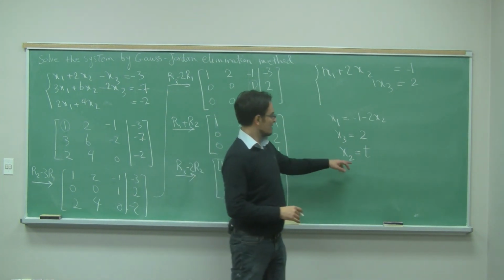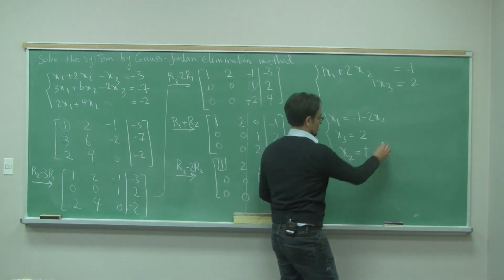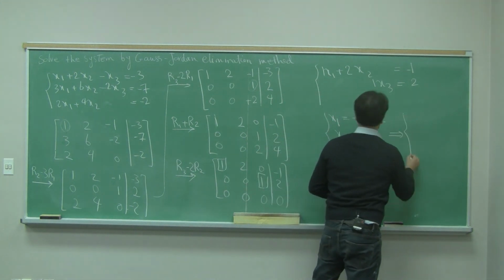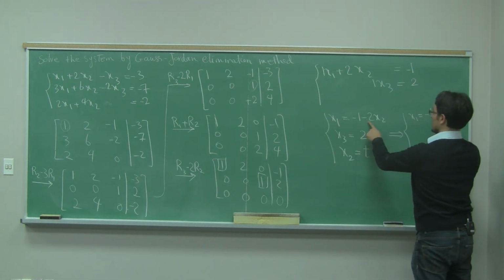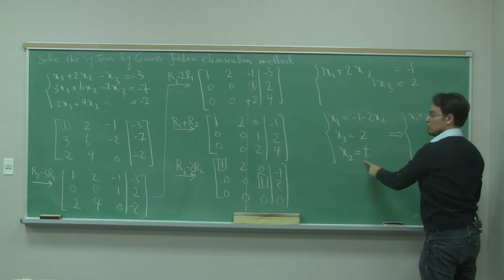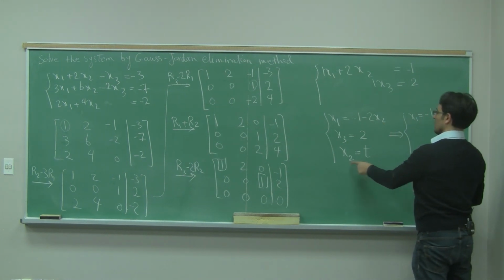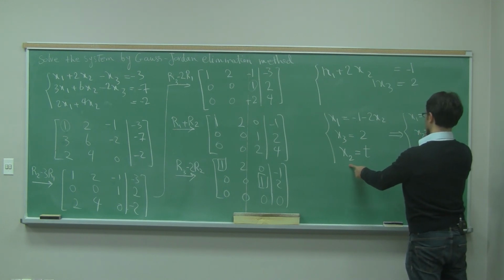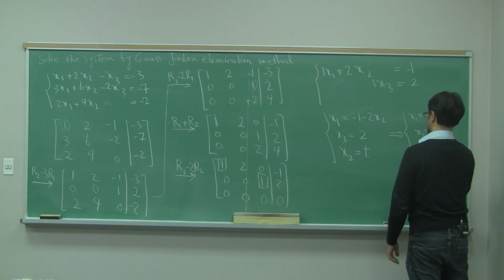Well, that's good because now I can put that into my equations and write x1 is negative 1 minus 2 x2. x2 I already know is t, and I write them in order, so x2 is t, x3 is 2.